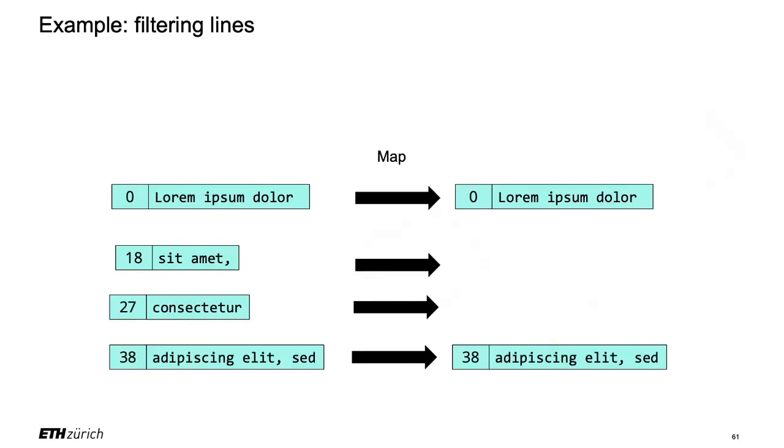What would be my reduce function? Because again, as the output, I want the collection with all of the lines that fulfill the predicate. So what is my reduce function? On Zoom, maybe you can tell me.